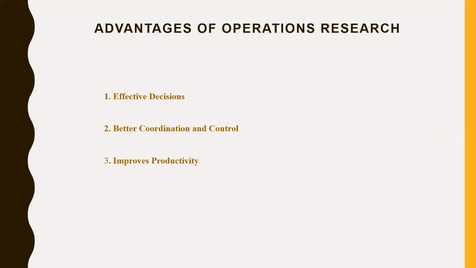Better coordination and control, it helps in organizing all the organization's decisions, and coordinating the decisions which are made by different levels of management and also the various departments. Then improved productivity, so it increases the efficiency of the organization, like location and size of factories, warehouses, etc. And it also helps in planning and controlling of production, and in assisting manpower preparation.